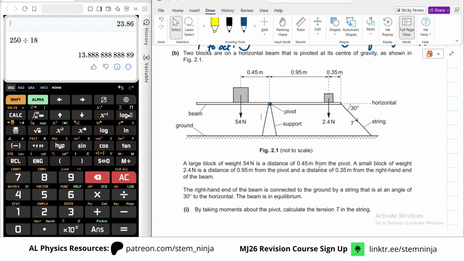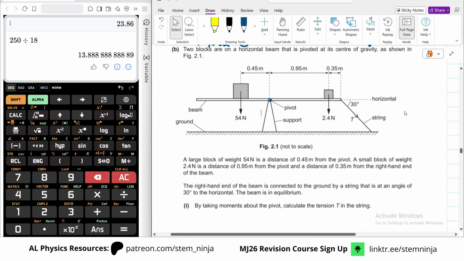A small block of weight 2.4 newtons is at a distance of 0.95 meters from the pivot and a distance of 0.35 meters from the right hand end of the beam. The right hand end of the beam is connected to the ground by a string at an angle of 30 degrees to the horizontal. The beam is in equilibrium. By taking moments about the pivot, calculate the tension T in the string.